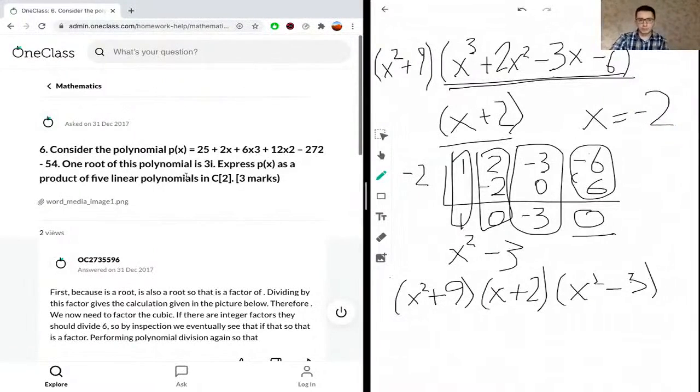The question is asking us for 5 linear polynomials. So we need all exponents to be x to the power of 1, so no x squared. To simplify this even further, we know x squared plus 9 represents the roots positive and negative 3i, so we can say x minus 3i, and then we also have x plus 3i.